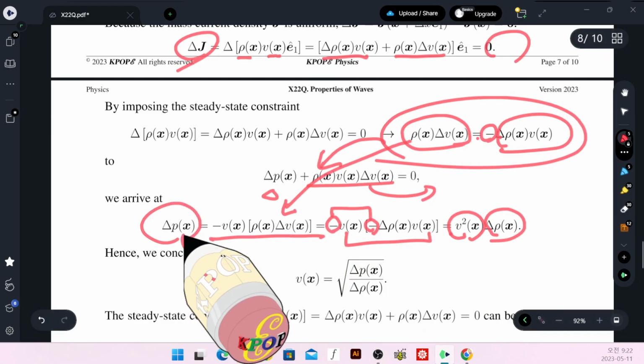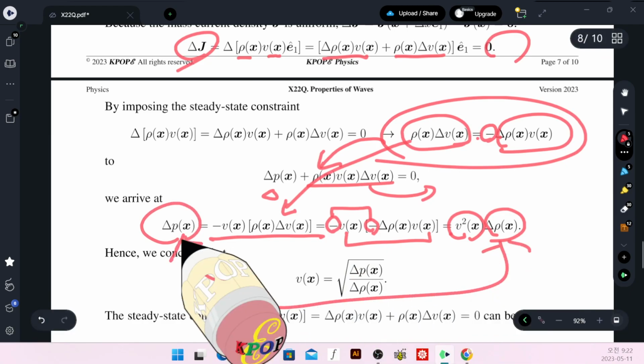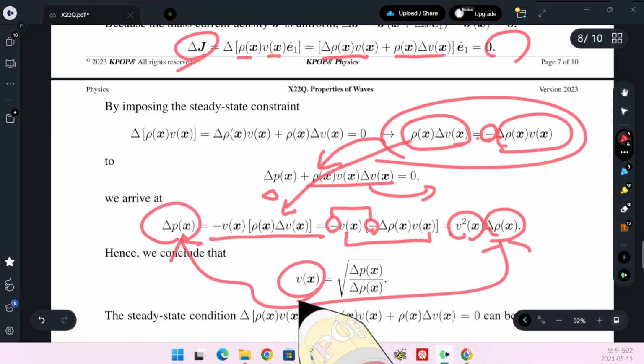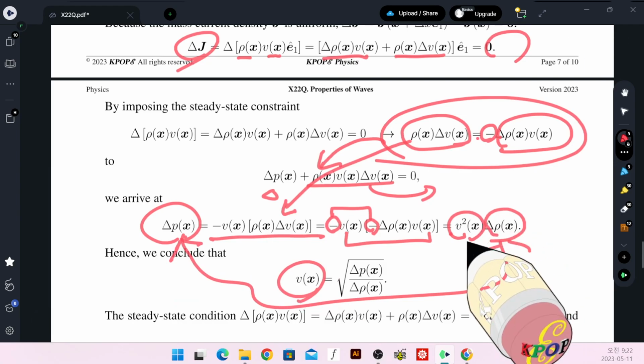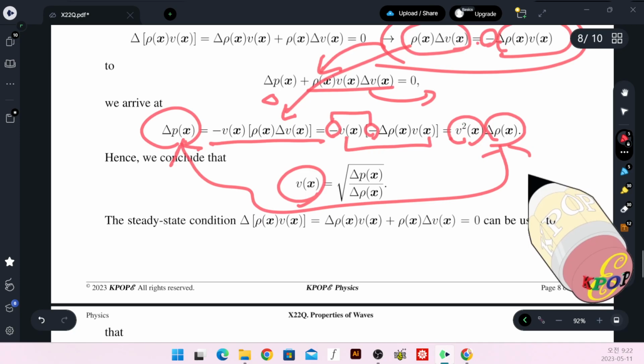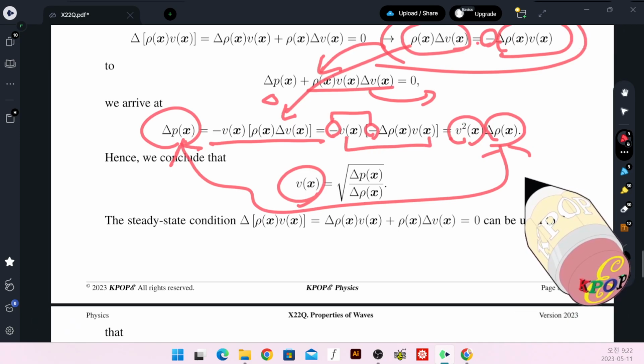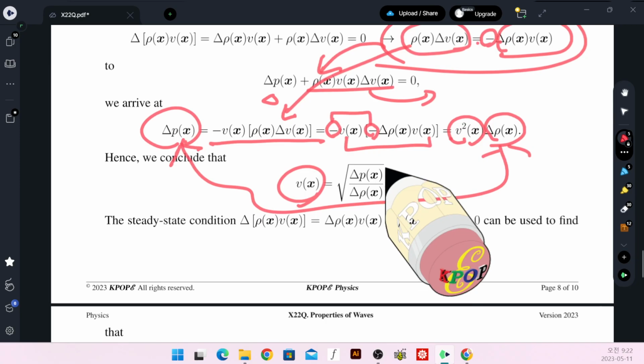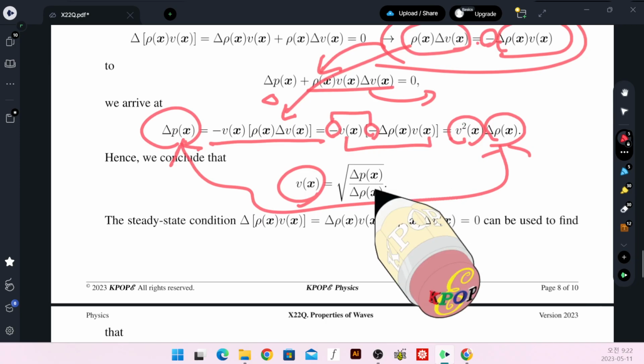This identity results in the speed. This is a scalar square. The speed is the square root of pressure over density change. This one shows that pressure increases as density increases.